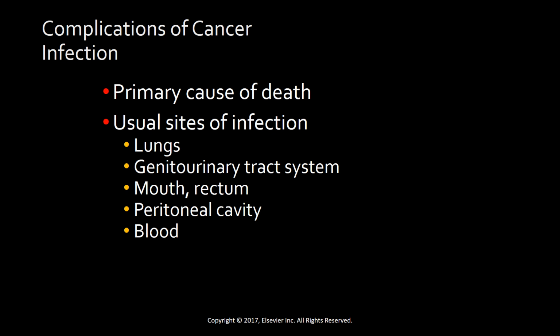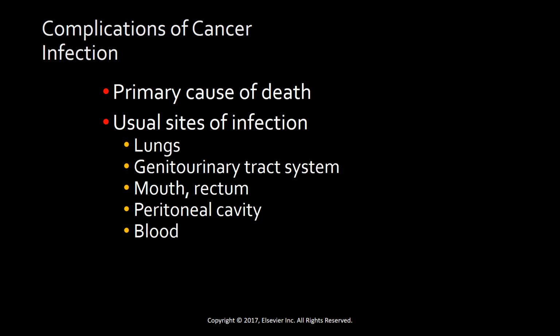In a sense, we know that infection is an obvious type of complication that can occur with cancer. So infection is the leading cause of death in the patient with cancer.